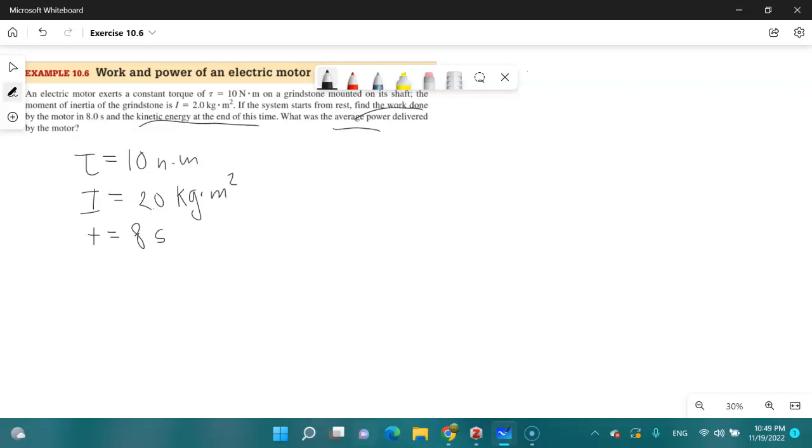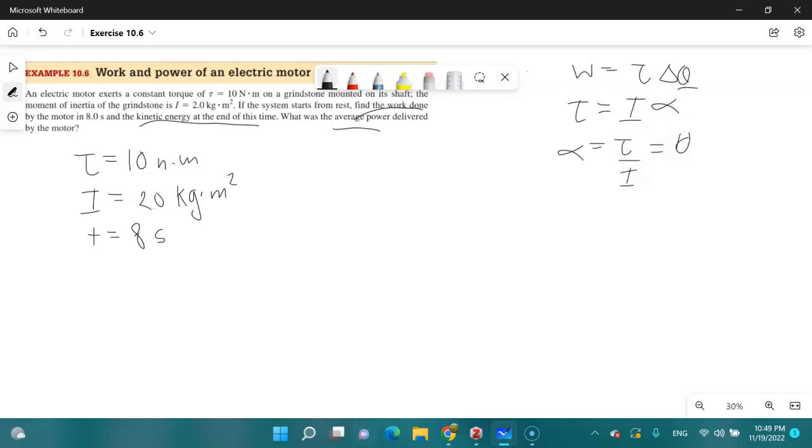So we're going to need a few equations for this, and first off we need the work equation, which will be the torque times the change in theta. And to find the torque, we have to do the inertia times alpha. And to find alpha, we would have to get the torque over the inertia.